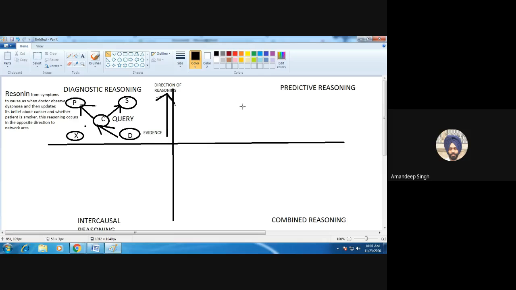Fine. And then next is the predictive reasoning. I'll again go for the diagram. This is the same diagram.